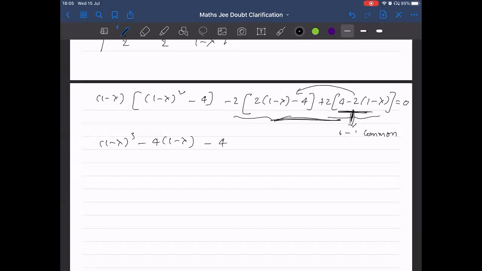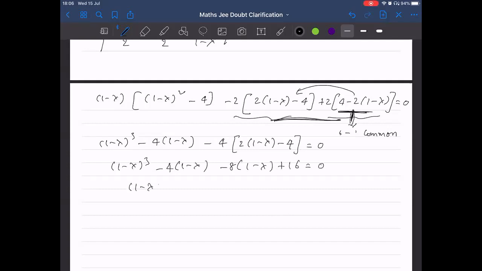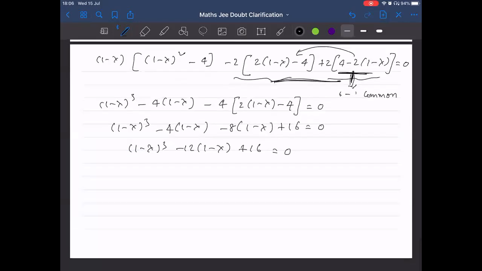So you can write it as minus 4 into (2 minus lambda minus 4) equals 0. So (1 minus lambda) whole cube minus 4 into (1 minus lambda). Here minus 8 into (1 minus lambda) plus 16 makes it 0. So (1 minus lambda) whole cube minus 12 into (1 minus lambda) plus 16 equals 0.